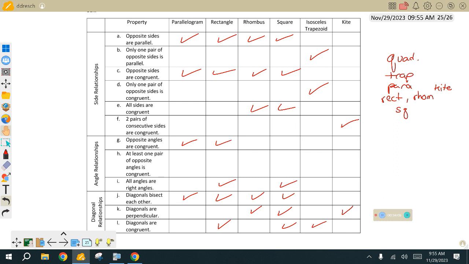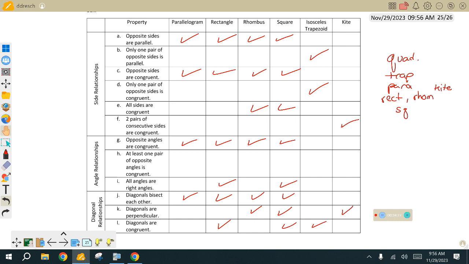Which makes sense. In a rectangle, what's the opposite angles of a rectangle? 90 and 90 and 90 are congruent, right? That makes sense. Same thing in a square, but if it happened in a parallelogram, even though it's a rhombus that we're not 100% sure on what the angles are, it's got to be happening from a parallelogram.